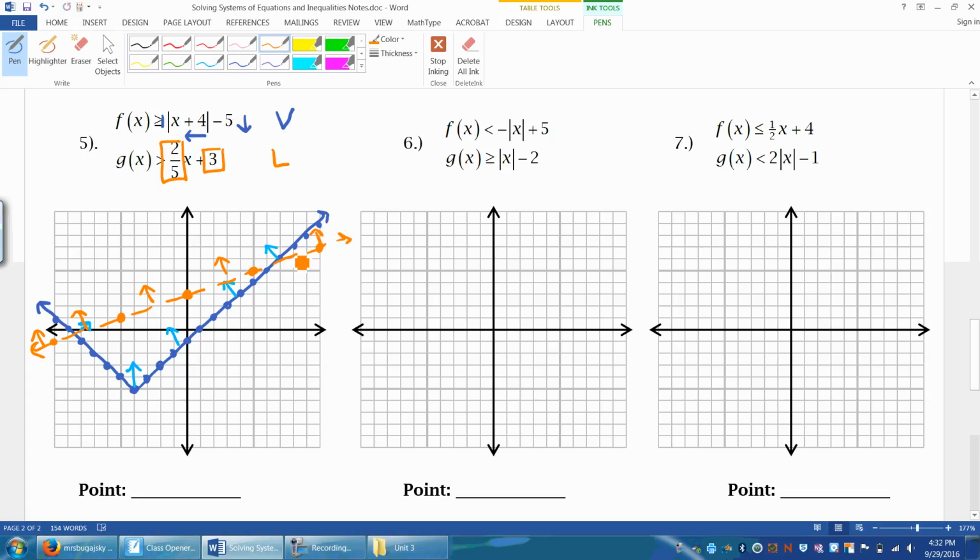The orange arrows are pointing here, but the blue ones are not. In the middle, the blue arrows are pointing here, but the orange ones are not. Over on the side, the orange ones are, but the blue ones are pointing away. If it's hard to see, I'll put another one on there. And this section that's kind of up at the top right here, that's above the orange line and inside the absolute value, is where all of my arrows are pointing.